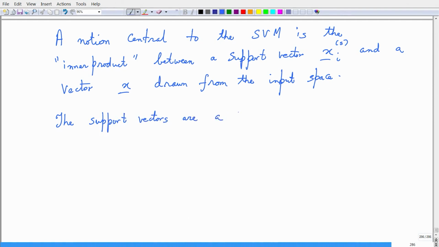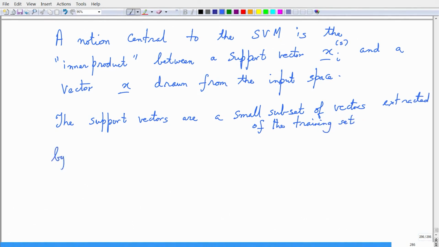So, these support vectors are a subset, or I would say a small subset of vectors of the training set, extracted by the algorithm.